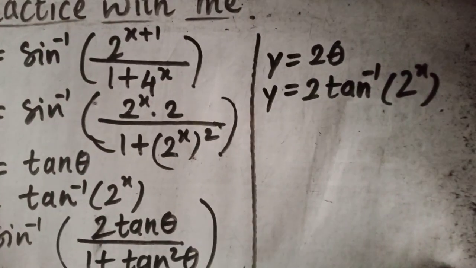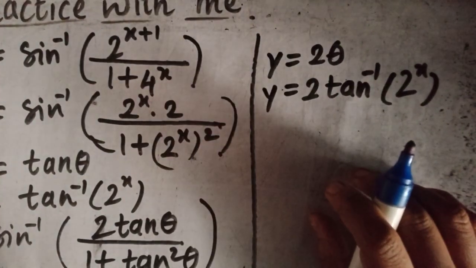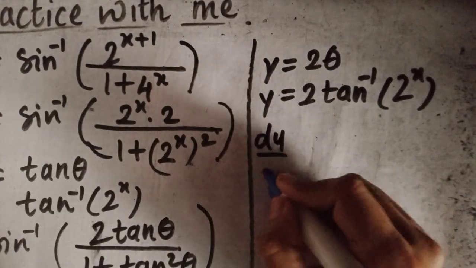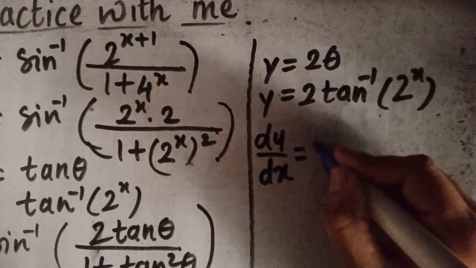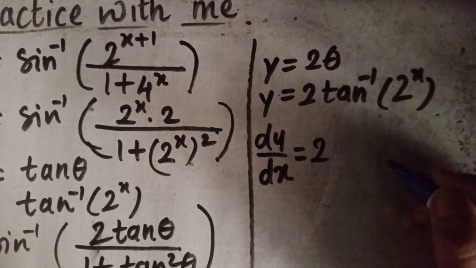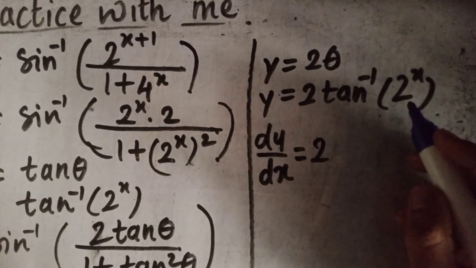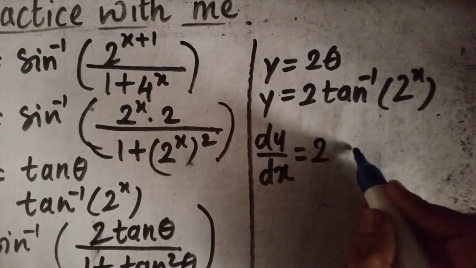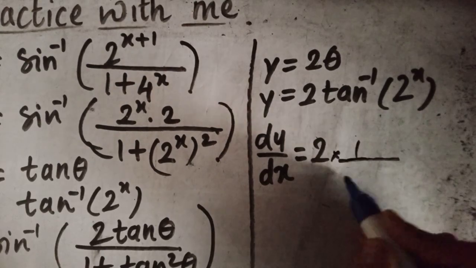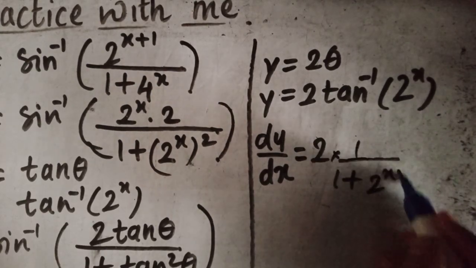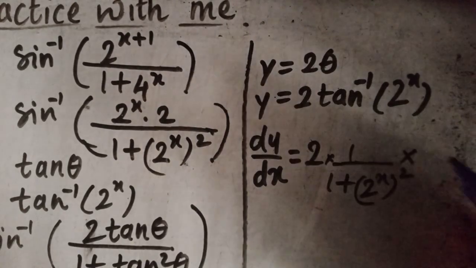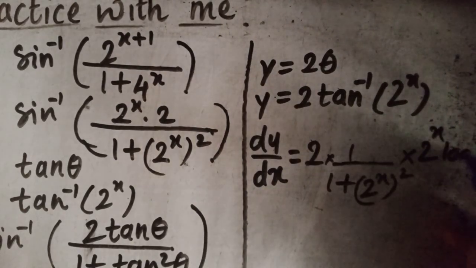Okay, now you have to differentiate it. So dy by dx of tan inverse of 2 raised to x: tan inverse of x derivative is 1 upon 1 plus x square. So 1 upon 1 plus 2 raised to x whole square, and then the derivative of 2 raised to x, which is 2 raised to x log of 2.